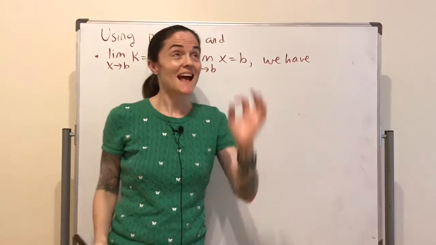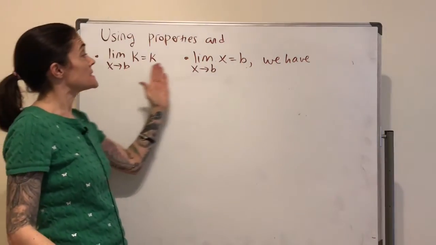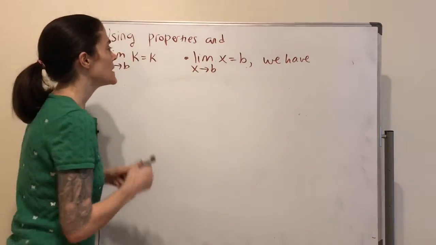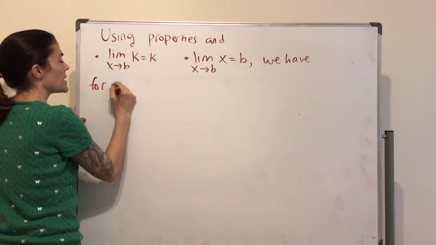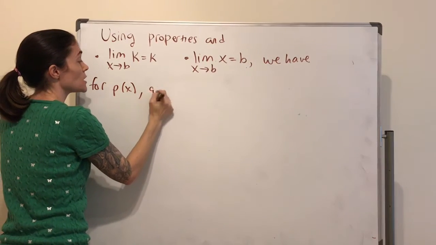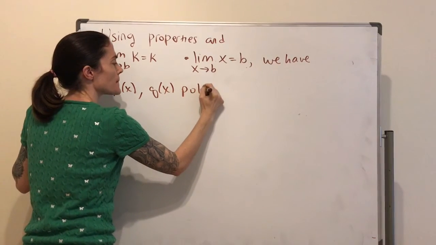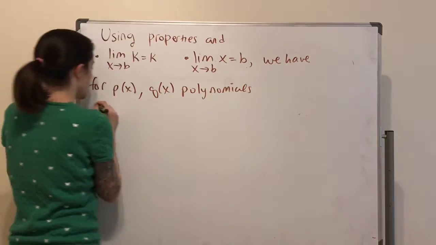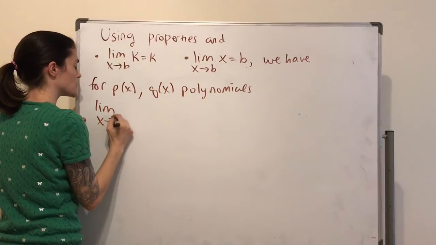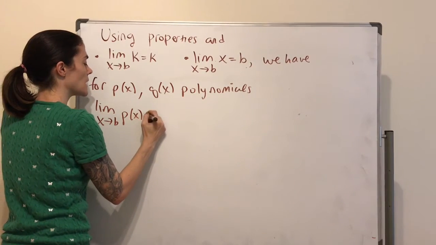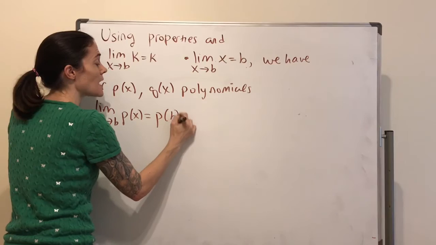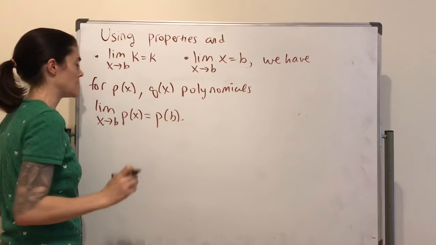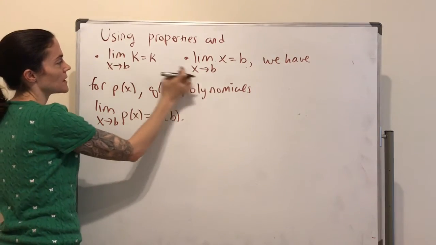If we use, as I was just saying, these properties and these two limits, which we calculated just by looking at the graph, we have that for p of x and let's say q of x, polynomials, the limit as x approaches b of p of x equals, well, it's going to be p of b. So you just evaluate the polynomial at b. Well, you see this happening in both of these.